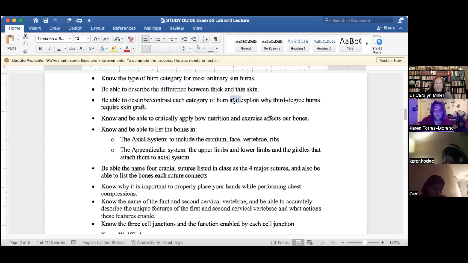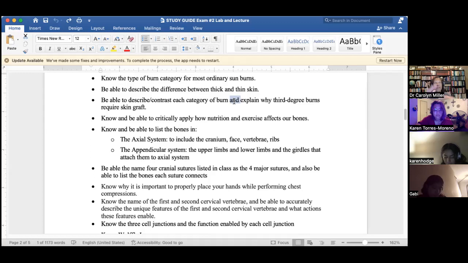For the sake of simplicity, because I really said a first degree is the epidermis, the second degree is the epidermis and top layer of the dermis. But anyway, for simplicity, I'm going to let you say first degree is the epidermis, second degree is the dermis, partial thickness, third degree is full thickness burn. It is the epidermis, the dermis, and the hypodermis.